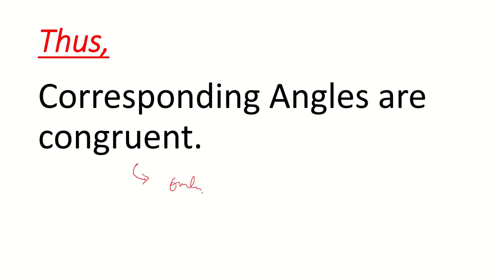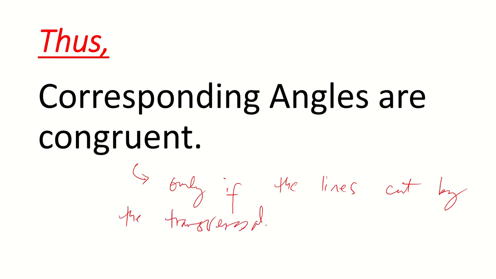But there's a condition: only if the lines cut by the transversal are parallel.